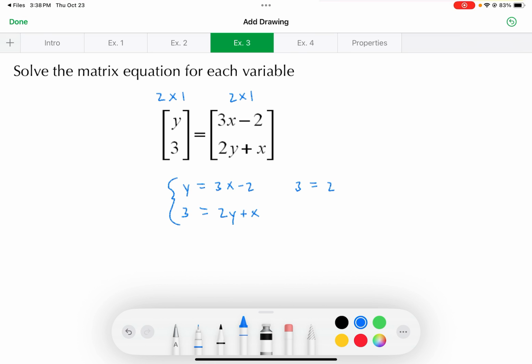So I'm going to say 3 is equal to 2 times, I'll substitute 3x minus 2 in. And now I'll be able to solve this for x. So I'll distribute.